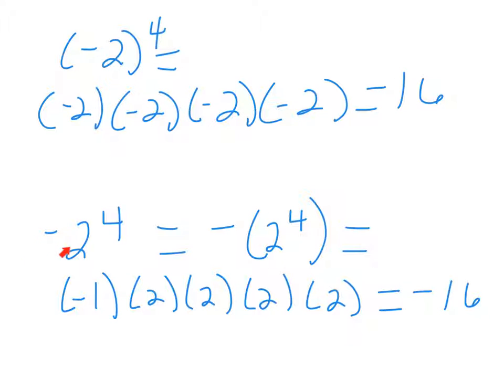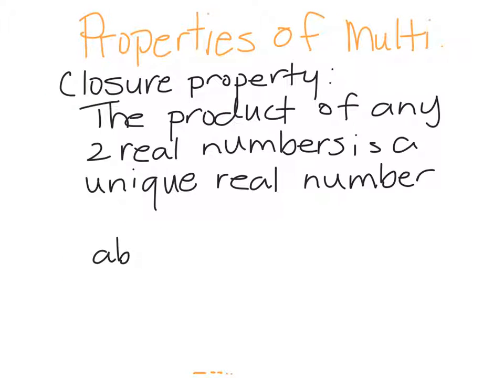But if you had negative 2 to the fourth power written without the parentheses, that gets rewritten with the parentheses around the 2 to the fourth power and the negative on the outside, which is negative 1 times 2 times 2 times 2 times 2. In this case, we only have one negative, and that makes it negative 16.